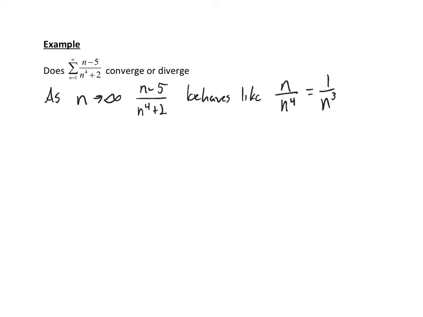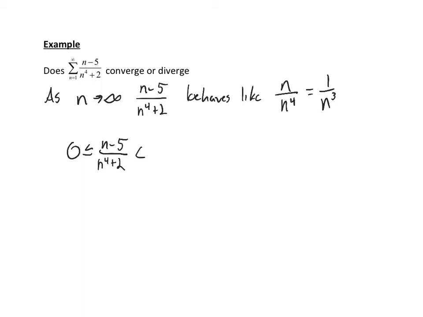The next thing I would note, okay, 0 is always going to be less than or equal to n minus 5 over n to the 4th plus 2 at any certain point once you get very large.